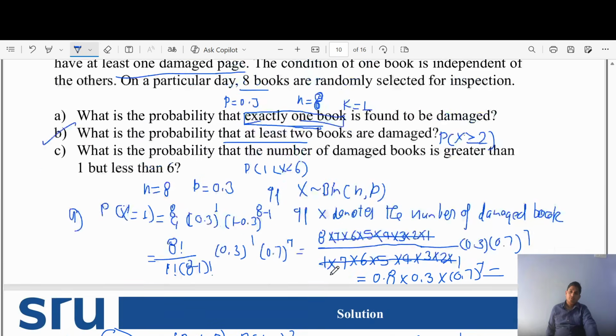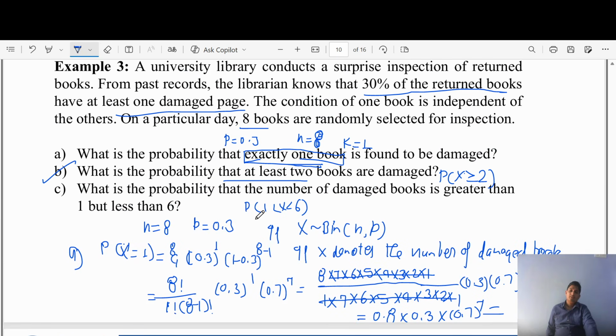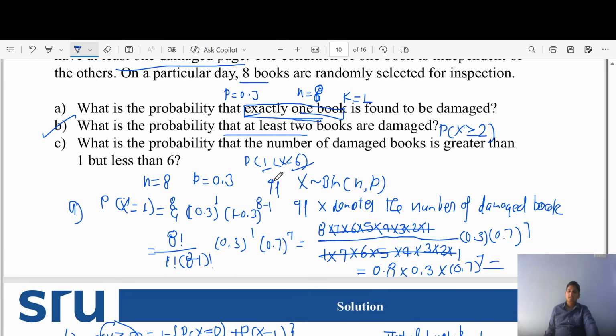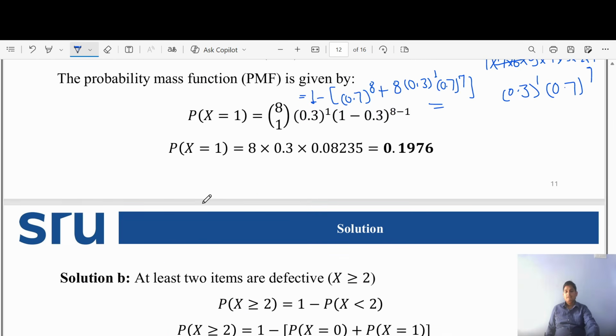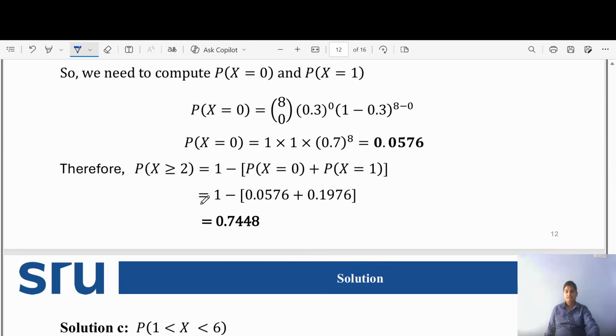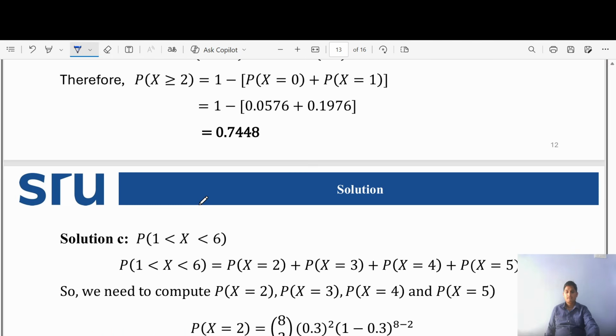Now we will solve the third case: what is the probability that the damaged books lie between 1 and 6, greater than 1 but less than 6. So how do we evaluate this? Let us see here, 1 less than x less than 6.